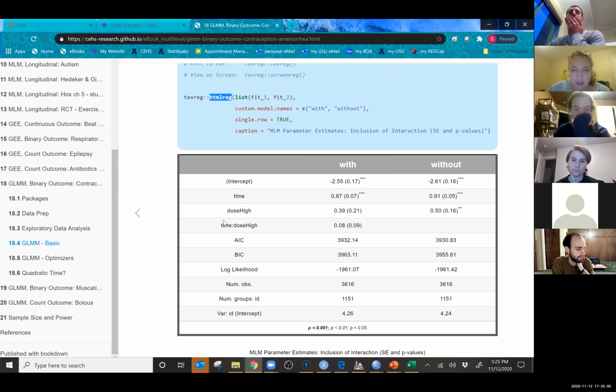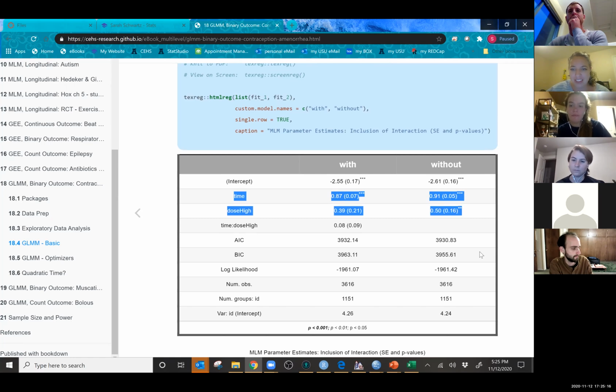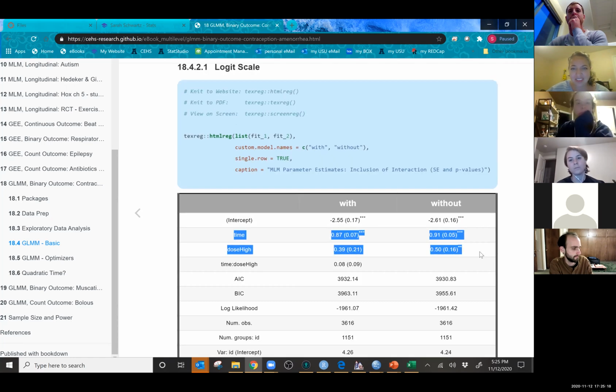Okay, so here's the interaction. The Wald test gives no stars to this parameter estimate. But what about main effects? Is there a difference over time? And is there a difference by dose? Candace, you're nodding. Mike, you're nodding. Everybody nodding. Now, wait a second.